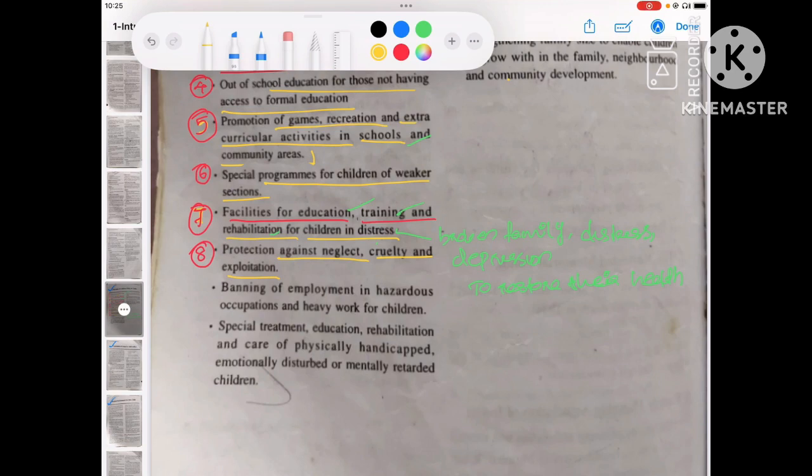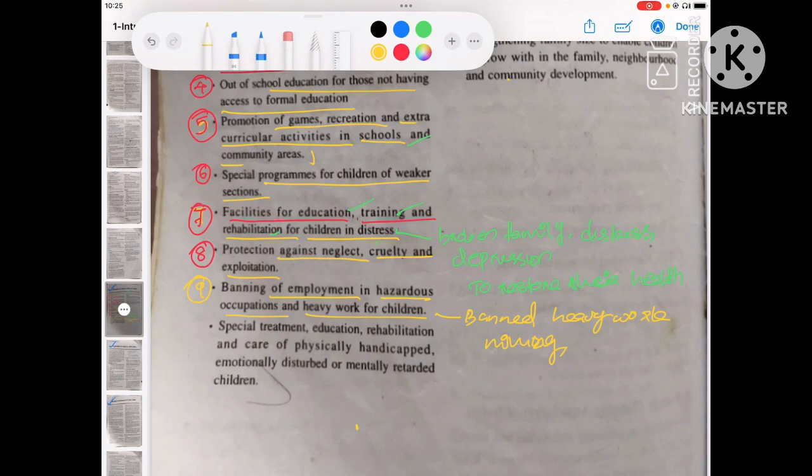The ninth one is the banning of employment in hazardous occupations and heavy work for children. They ban children from working in heavy work, like mining. Have you heard about the mining sections? Some gold mining, petrol, whatever it is.